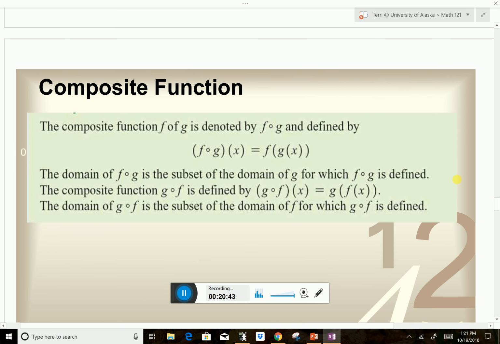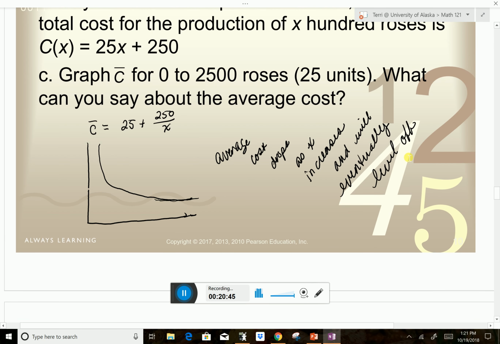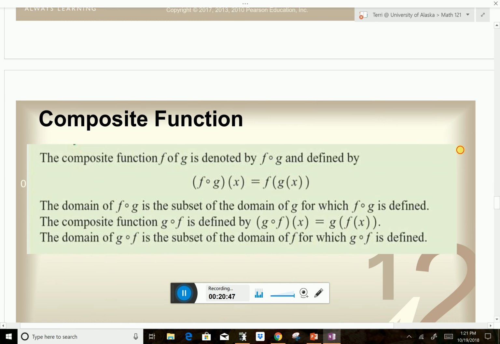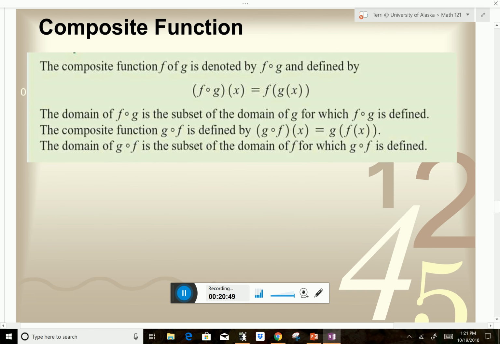So now this is what we have to do when we're talking about combining functions. So let's talk a little bit about composite functions. You have seen this before. We have our f of g's and our g of f's, and I know you've seen it. This simply means we have f of g of x.